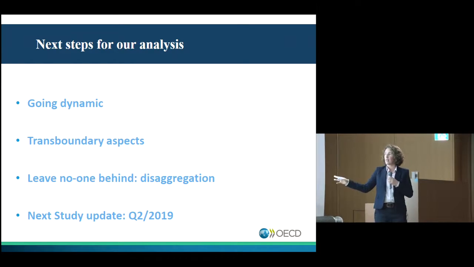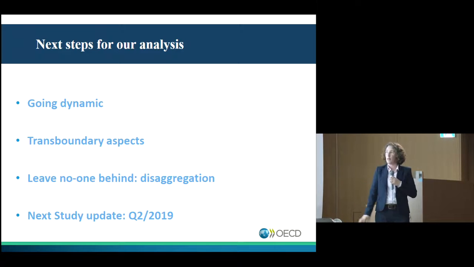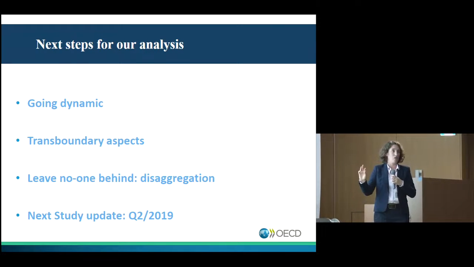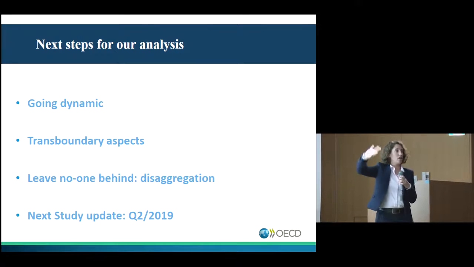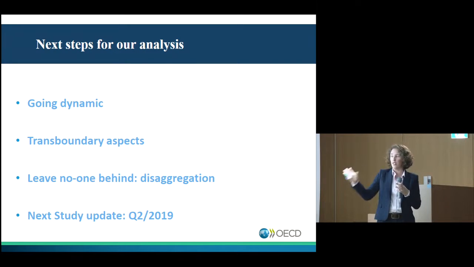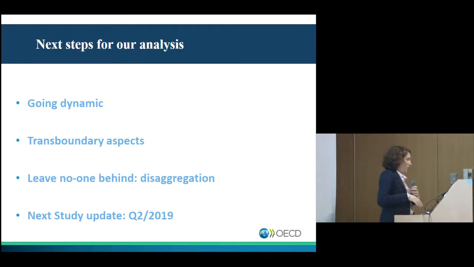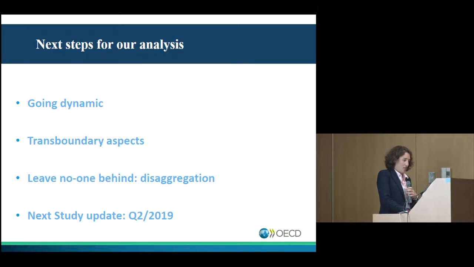We also look at disaggregation. We've recently published a working paper on looking at children and youth. So how are children and youth performing on SDGs, or how well are we doing on achieving SDGs for children and youth? And as I said, we'll be updating next year.